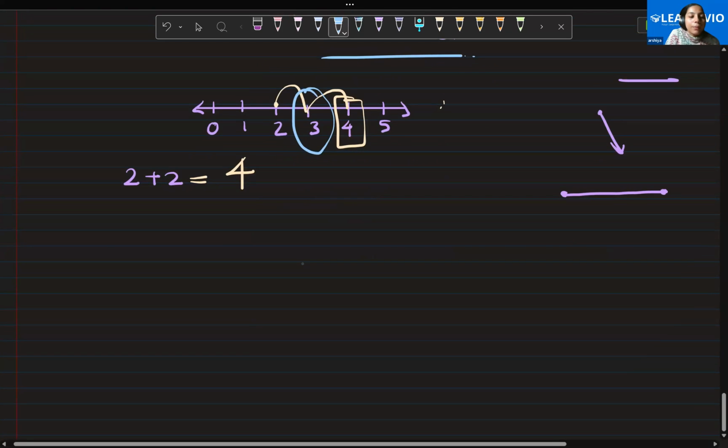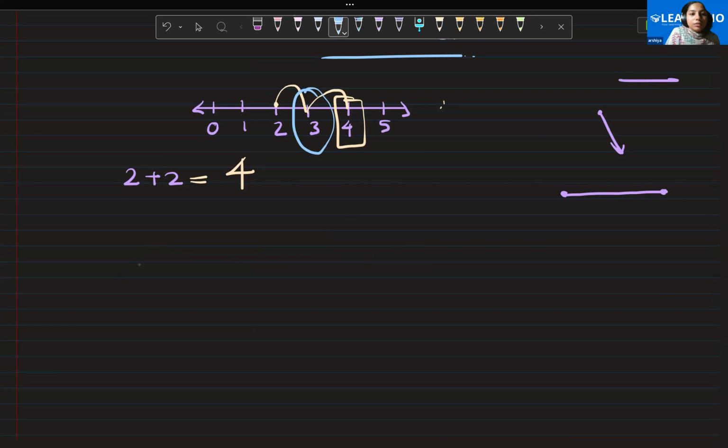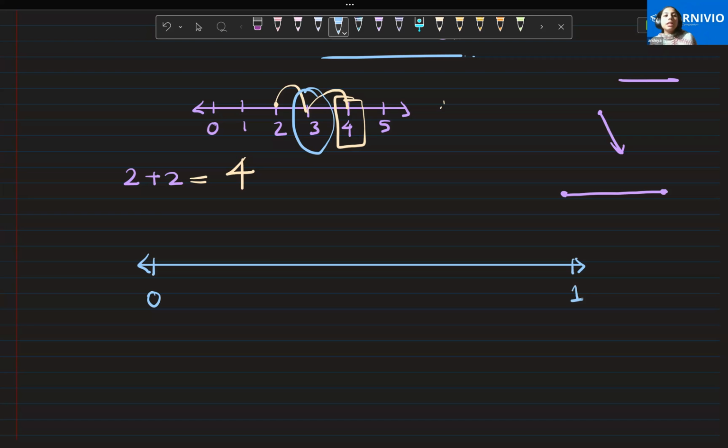Yes. Okay, now let's draw a number line. The number line will start from 0 and go till 1. We know the counting as 0 1 2 3, but in fractions the counting is from 0 to 1. For this number line it's 0 to 1, so we will have to write 10 digits here.